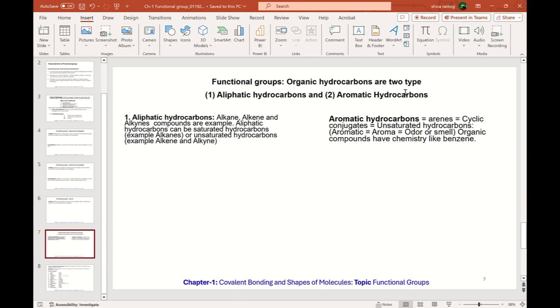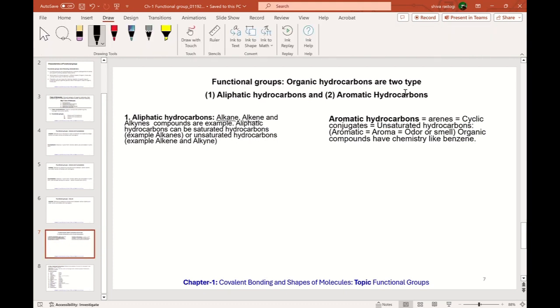So what are these aliphatic and aromatic hydrocarbons? As we have seen so far, alkanes, alkenes and alkynes, meaning carbon single bond, carbon double bond, and carbon triple bond, they mostly come under aliphatic hydrocarbon.